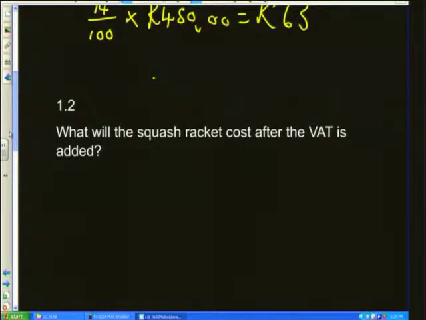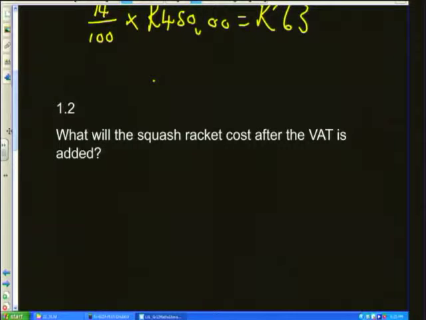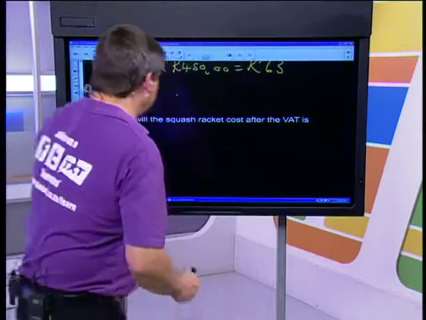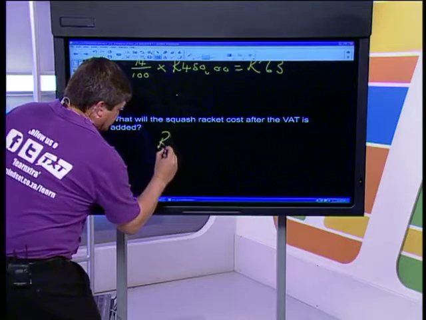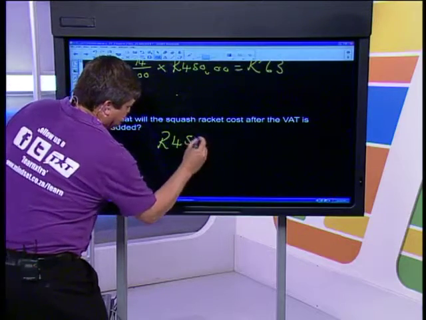Now, what will the squash racket cost after the VAT is added? That's a bit of a giveaway. They use the word added. The fact that they're using the word added is telling you that you're going to have to add the VAT to what it originally cost. So it cost me 450 Rand, the actual value of the racket.